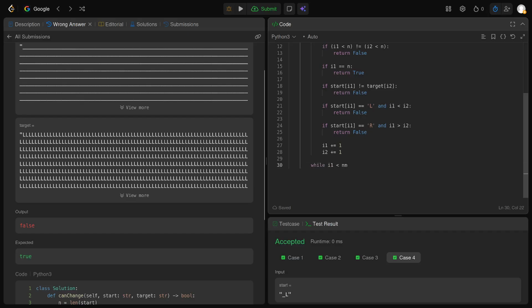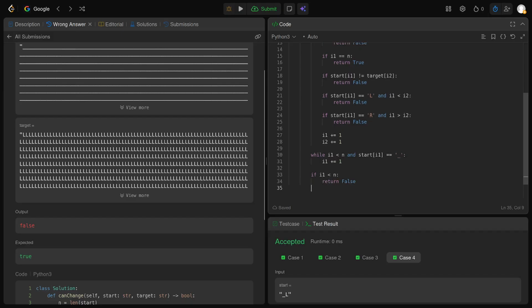While I1 under n and start I1 is underscore, if I1 is n, return false.